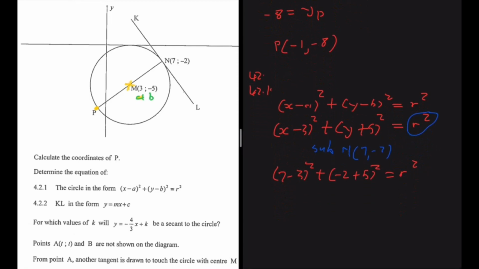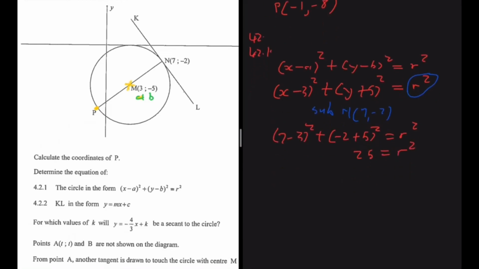So there we just have 4 squared plus, I think that's supposed to be, 3 squared, so we have 25 being equal to r squared. So now our equation will be x minus 3, squared, plus y plus 5, squared, being equal to 25, right?